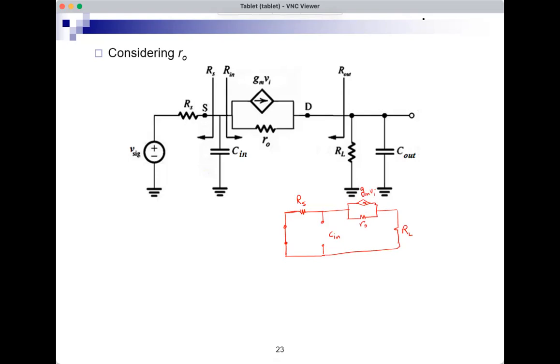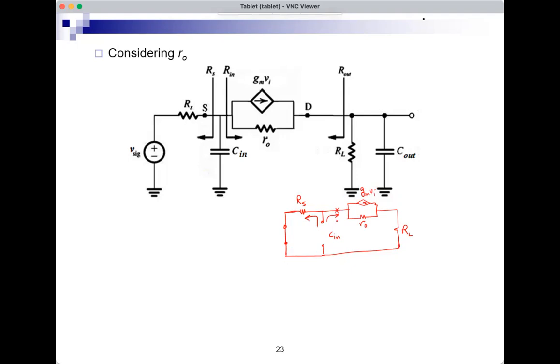So I want to find the resistance seen by Cin. I look left, and what do I see? I see just Rs. If I look right at this terminal, I will see the input resistance of the common gate amplifier.